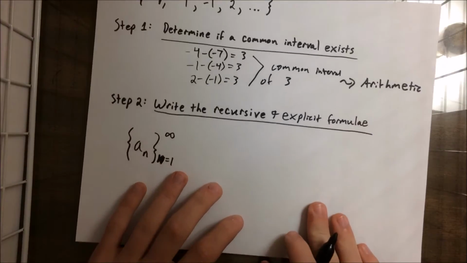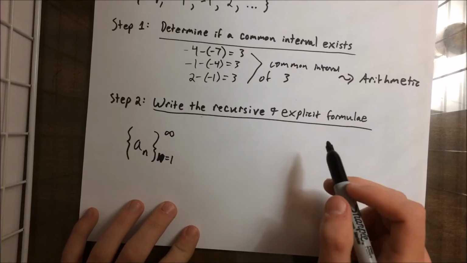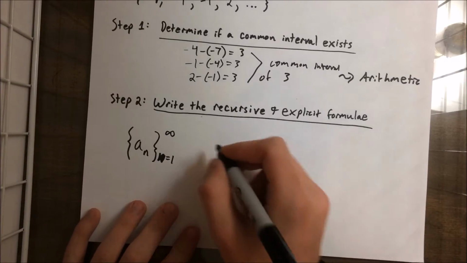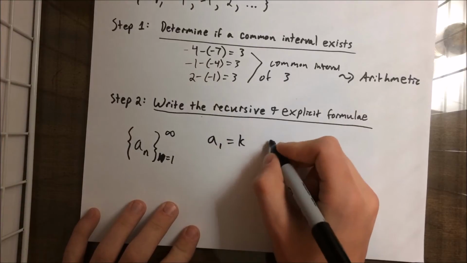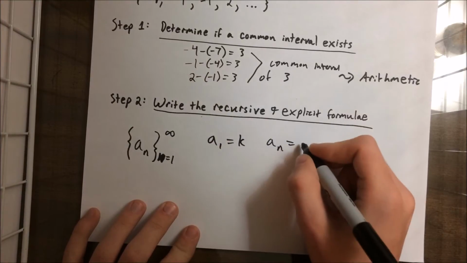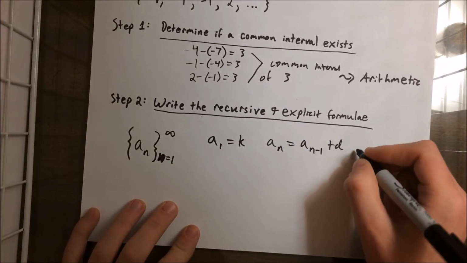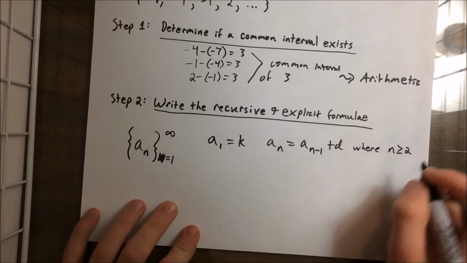Okay, so step 2 is to write the recursive and explicit formulae. So the recursive formula is a sub 1 equals k, and a sub n is equal to a sub n minus 1 plus d, where n is greater than or equal to 2.